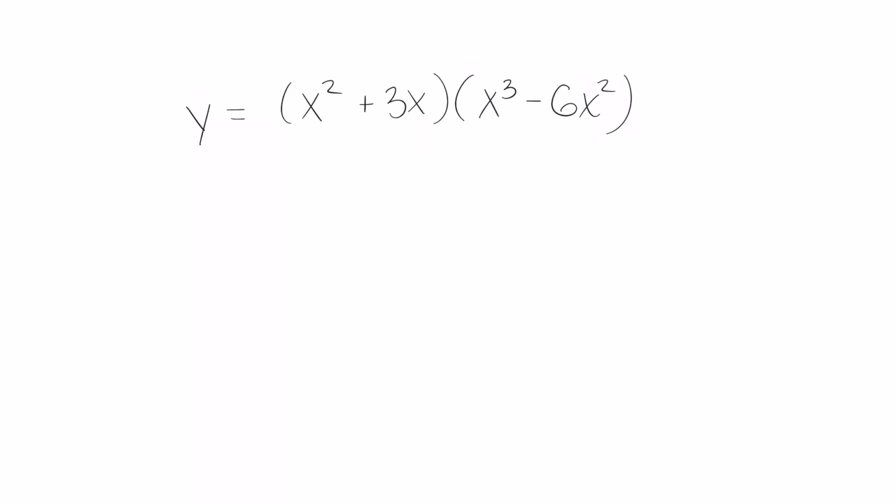I'm going to color this. I'm going to make the red my f of x for product law purposes. And then over here, let's make this x cubed minus 6x squared our g of x.